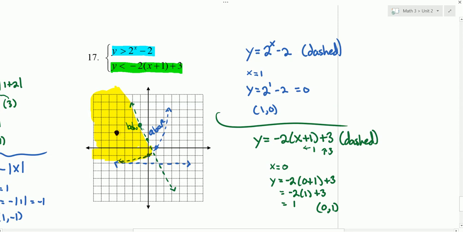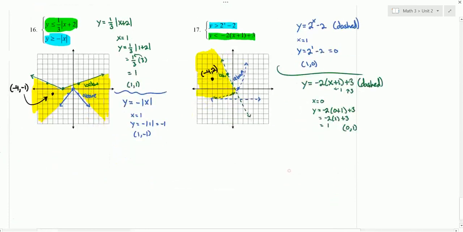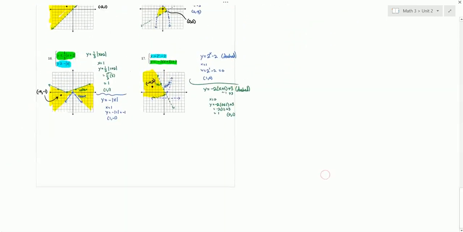I'll pick something right dead center in there. Left 1, 2, 3, 4, up 2. So negative 4, 2 is a solution. And that's the end of the review.